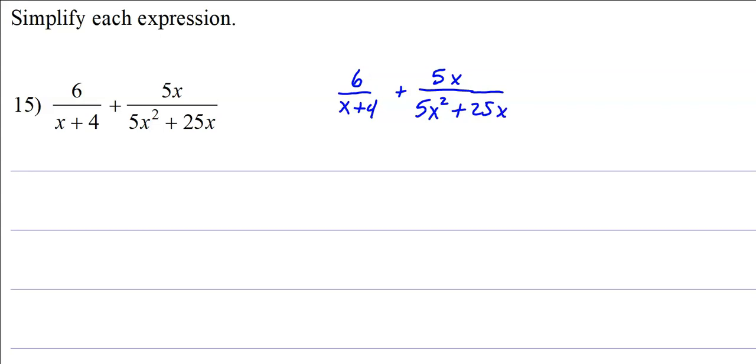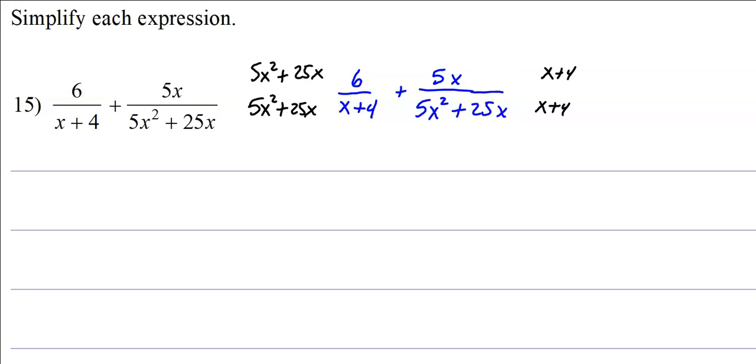I think I've got to multiply the left by the right and the right by the left. So let's do that. Over here, I'm going to write 5x squared plus 25x, and on the left, x plus 4.